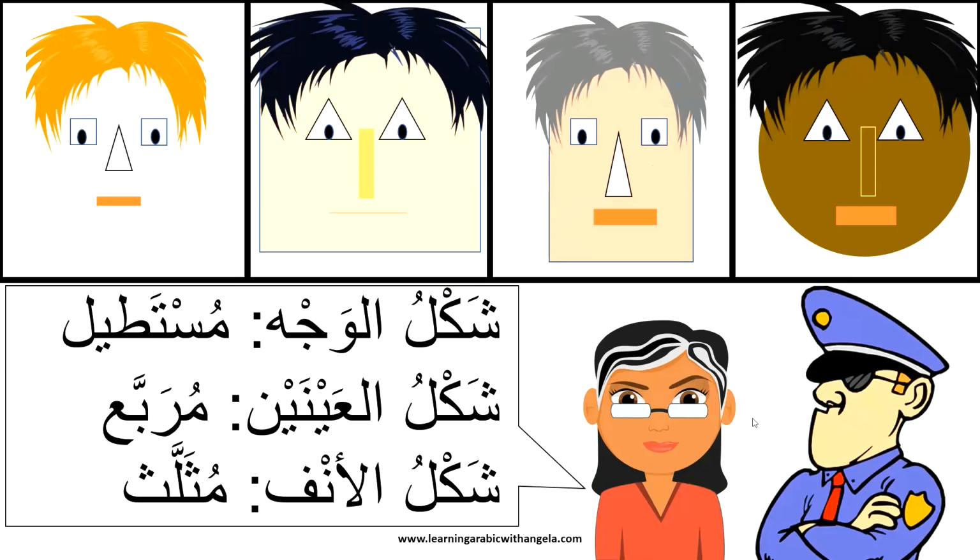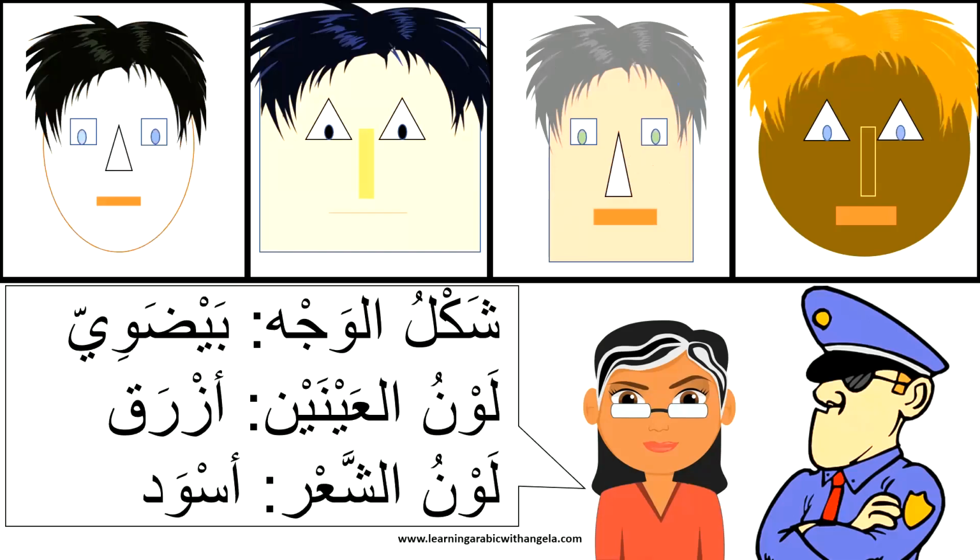مرة أخرى. شكل الوجه بيضاوي. So we're looking at something like a بيضة. لون العينين أزرق. Now colors. لون العينين. So لون is a color. لون العينين, color of the eyes. Okay. أزرق. Blue. لون الشعر أسود. So black. So let's look for the shape of the face first. بيضاوي.